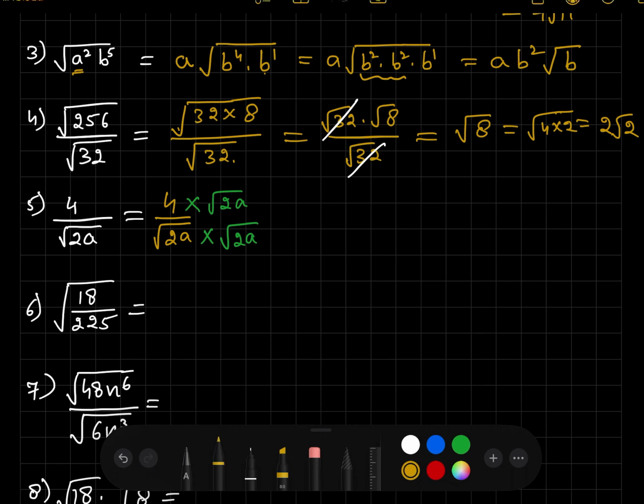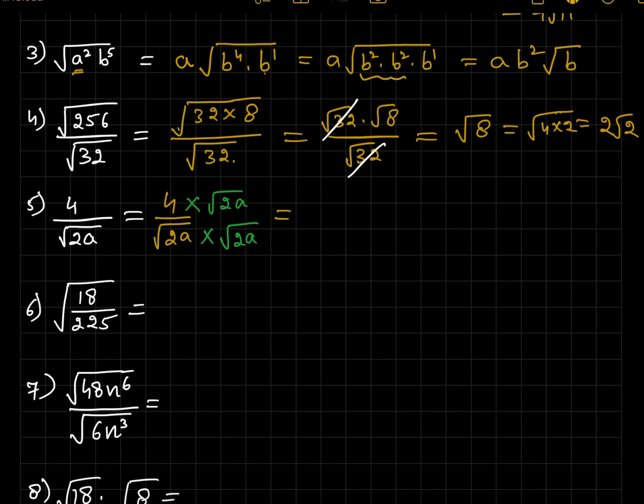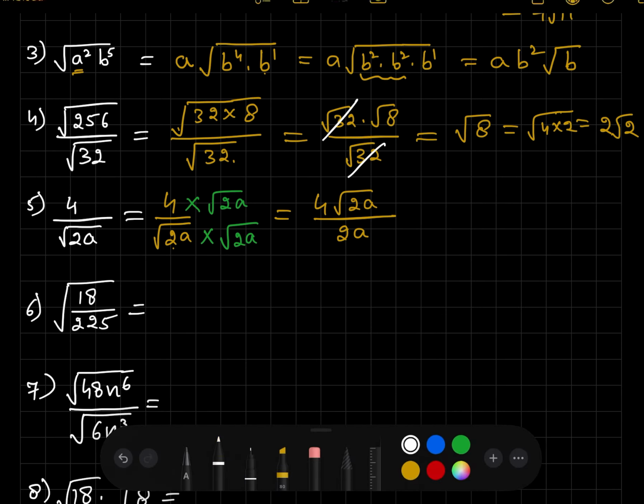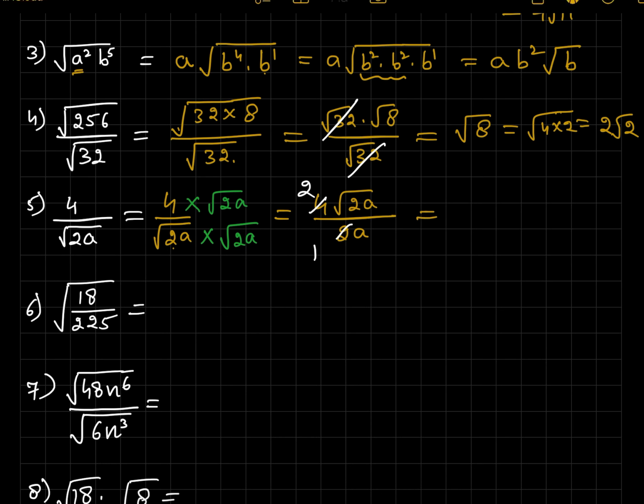After doing this, what I get is 4 square root of 2a over the square root of 2a times the square root of 2a, which gives me 2a. Now we cancel things. 2 ones are 2 and 2 twos are 4. So we are left with 2 over a, times the square root of 2a. This is our simplified version.